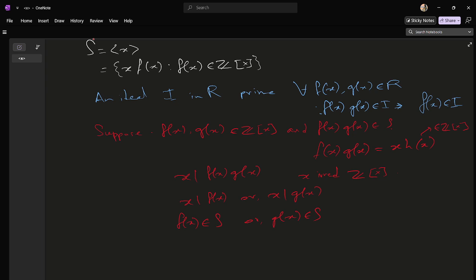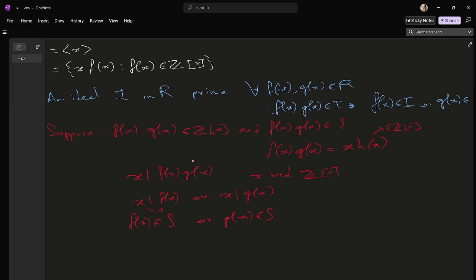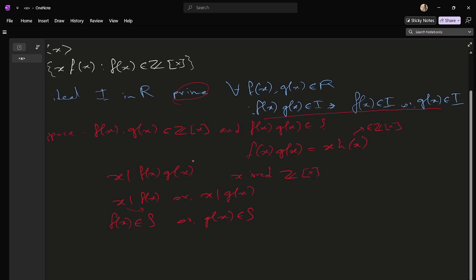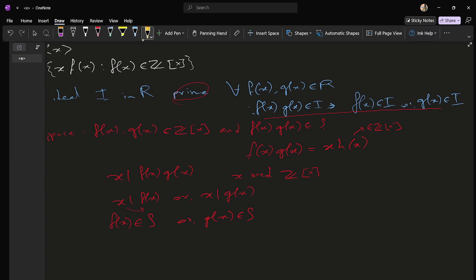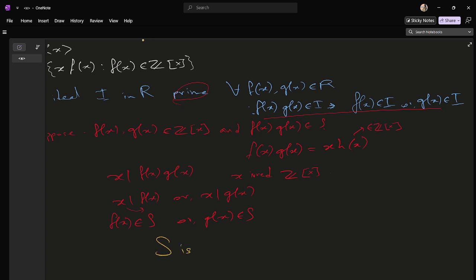So f(x) or g(x) has a factor x here, so f(x) or g(x) will belong to S, and that matches the condition given for a prime ideal. So S is prime.